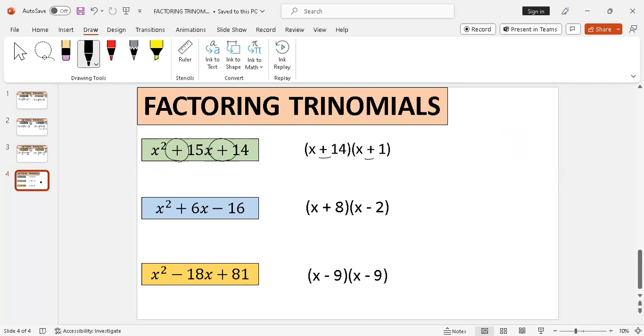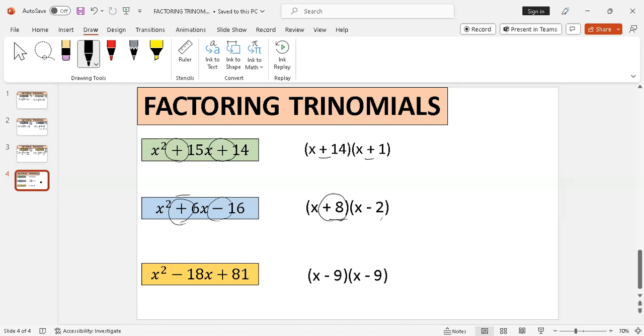Kapag naman negative yung sa last term at positive yung sa middle term, yung mas mataas na factor, yun dapat yung kaparehas ng middle term na symbol.